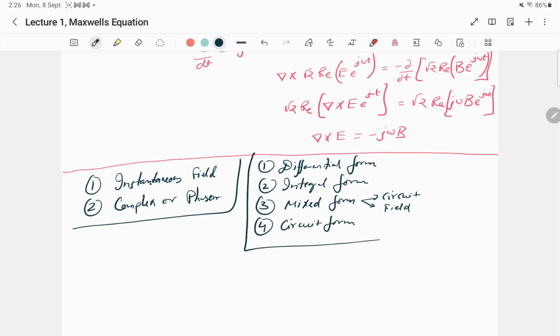So Maxwell's equation can be represented in all these 4 forms, actually 5 forms, where Maxwell's equation is written in terms of phasor form.